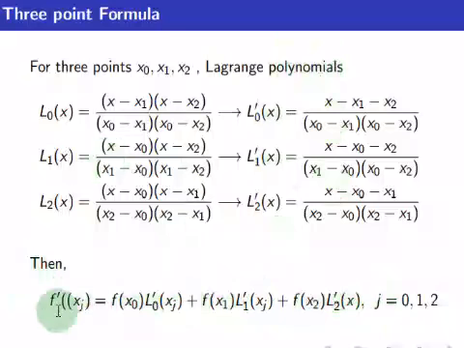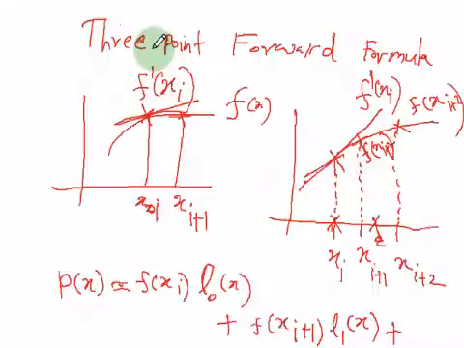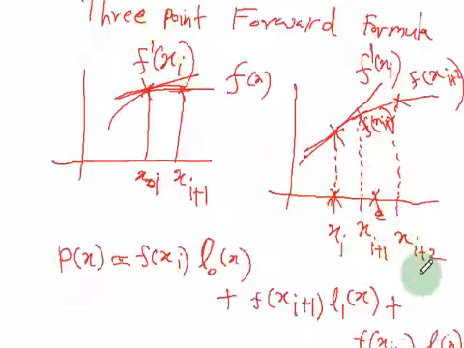If you find an approximation to f prime, for instance f prime at xi, then substitute xi here. So substitute xi, x, yeah, this is x0, x1, x2. All right, this is xi plus 1, xi plus 2.